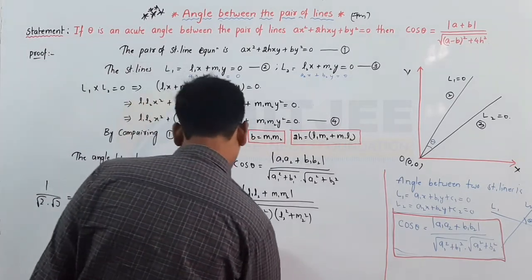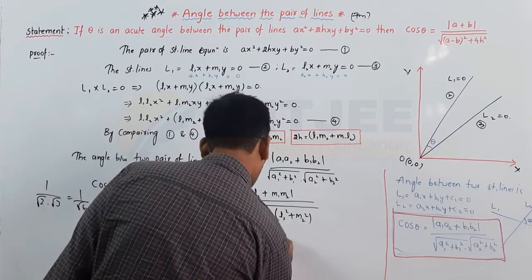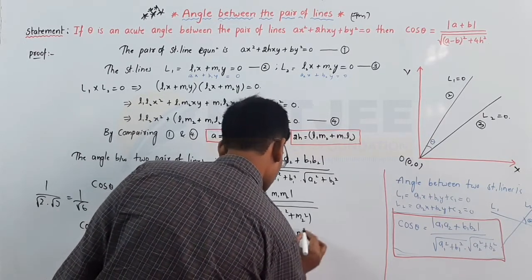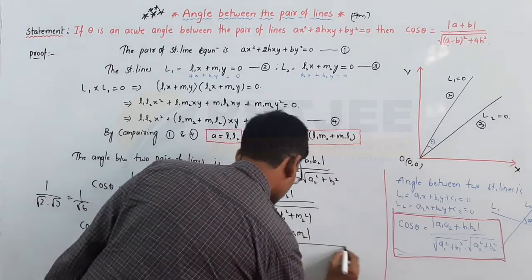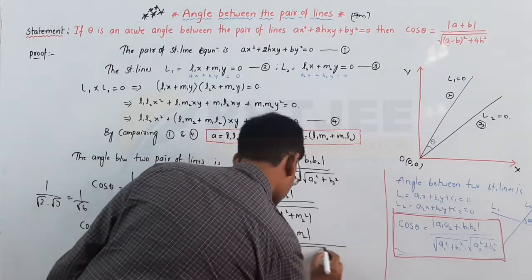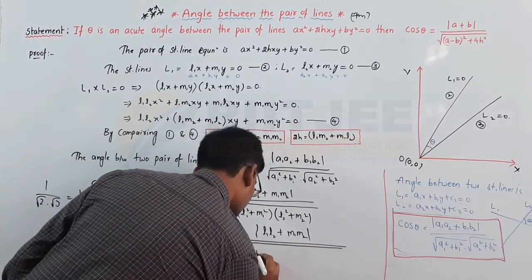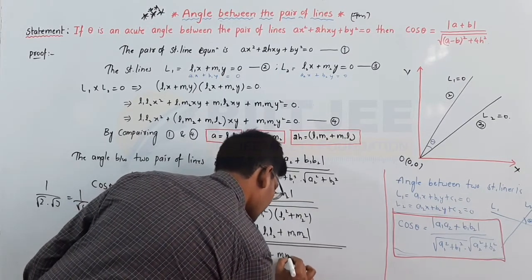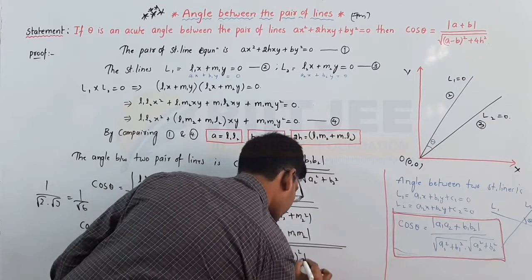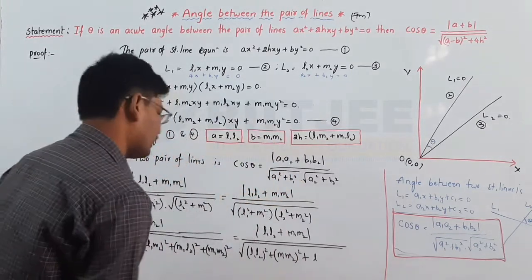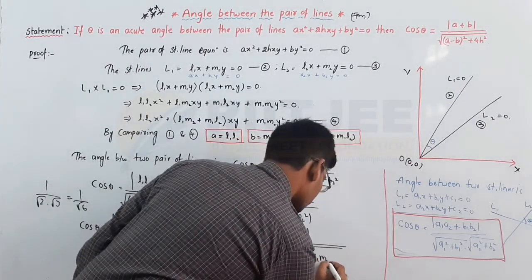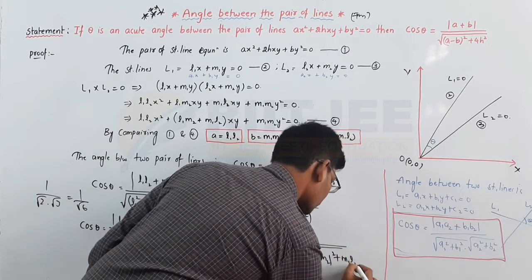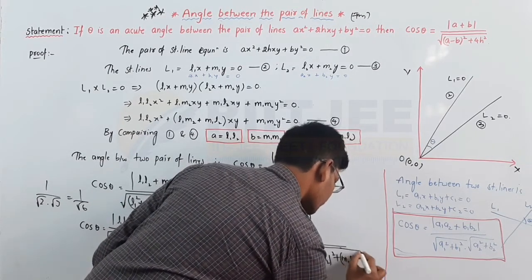So what will happen here? Modulus of L1 L2 plus M1 M2, this is modulus, divided by L1 L2 whole square plus M1 M2 whole square, L1 M2 whole square plus M1 L2 whole square.